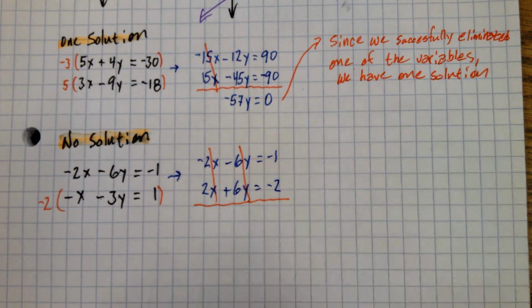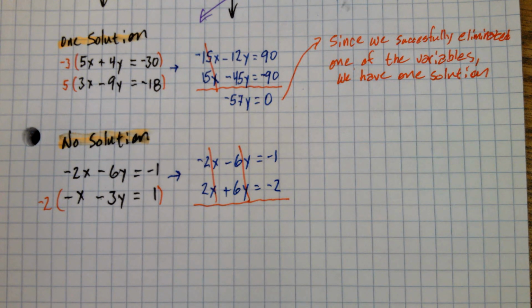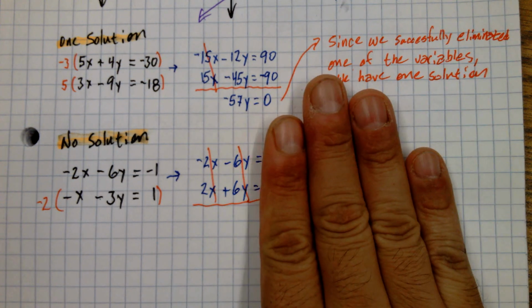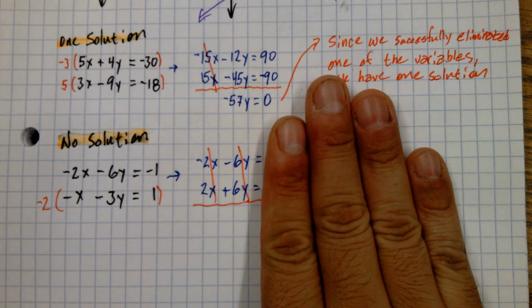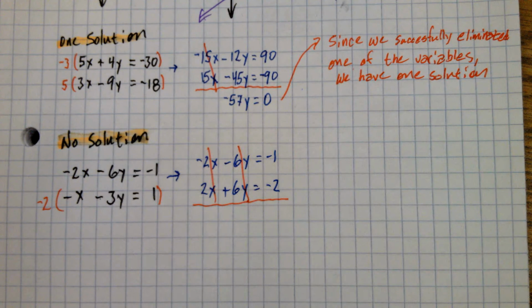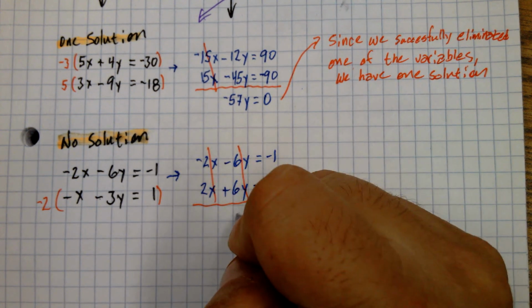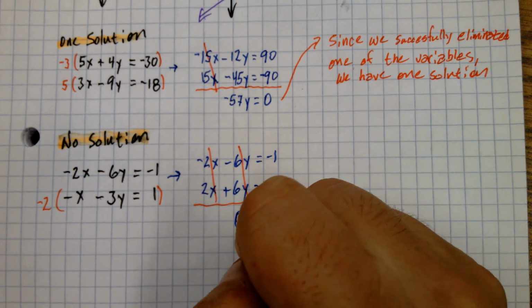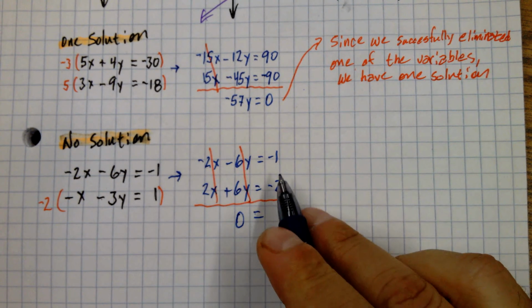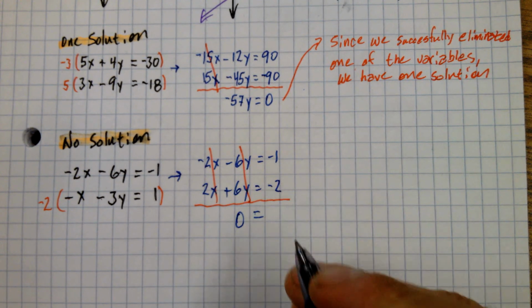It cancels also. So x's and y's cancel. Sound familiar from when we had equations and the variable would go away? So we end up with, well, what's on the left side? Nothing. So 0. So we end up with, it's going to be a no solution. Here's why. 0 here. And over here we got negative 3.